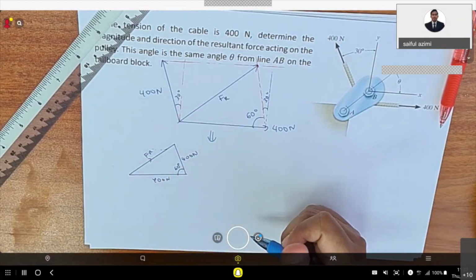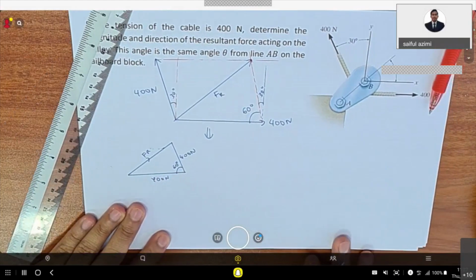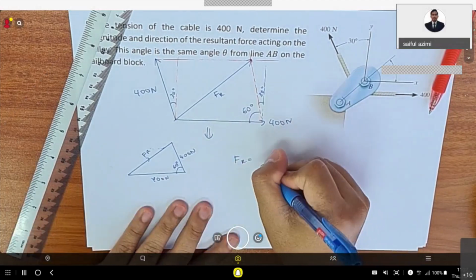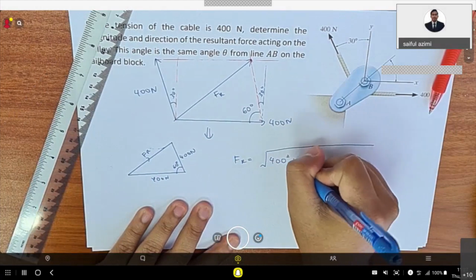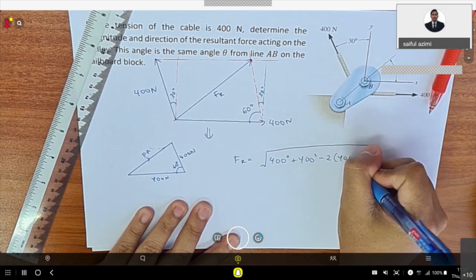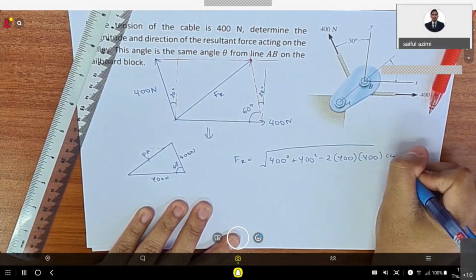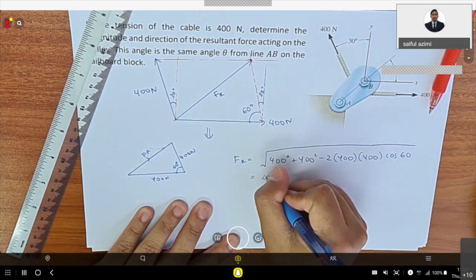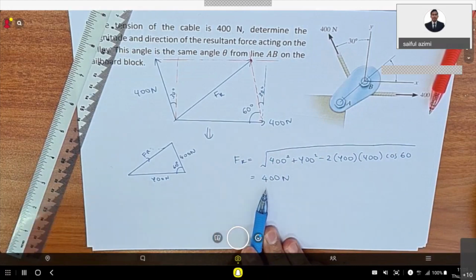By using the cosine rule, you can get FR equals 400 squared plus 400 squared minus 2 times 400 multiplied by 400 cos 60, and later on you will also get 400 Newton. So your resultant force is also equal to 400 Newton.